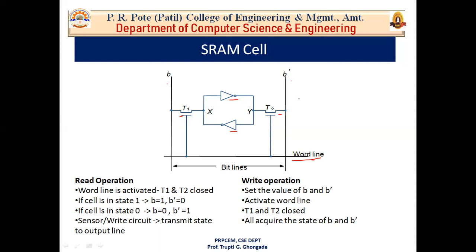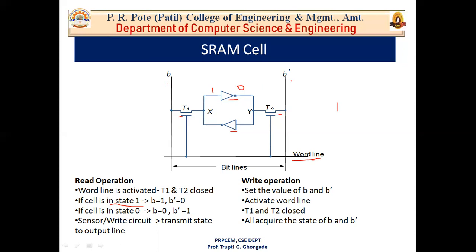Now let's say the cell is in state 1. That is, the cell is storing a bit of information 1. So if there is a 1 here, since we have an inverter, we have 0 here.